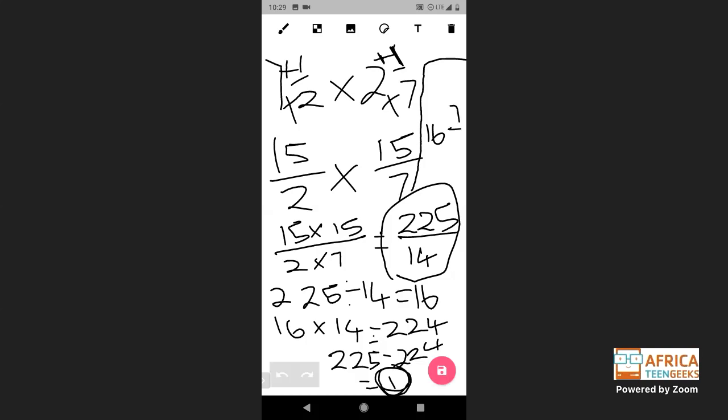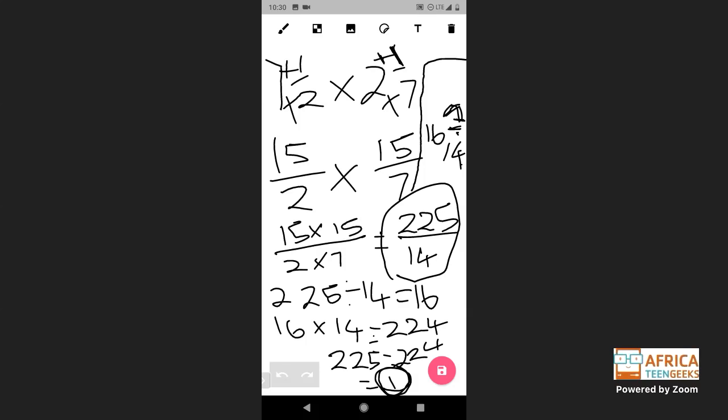It's 1 over, we keep our denominators. So since we keep our denominators, it will obviously be 14. And that's our final answer.